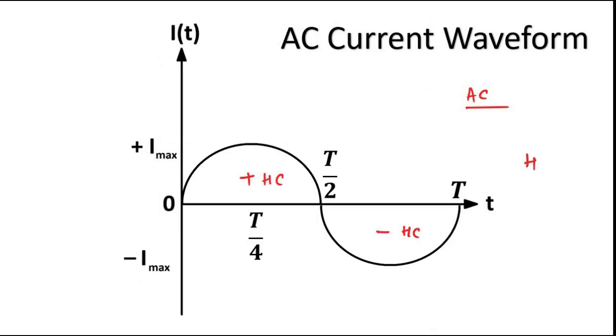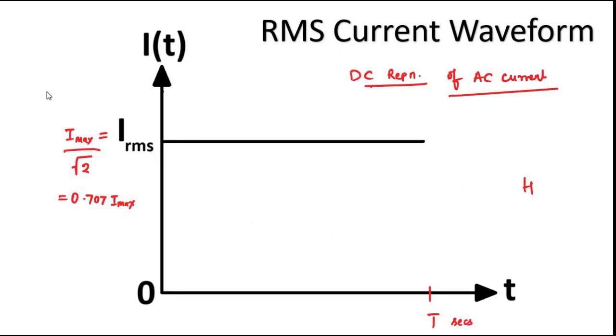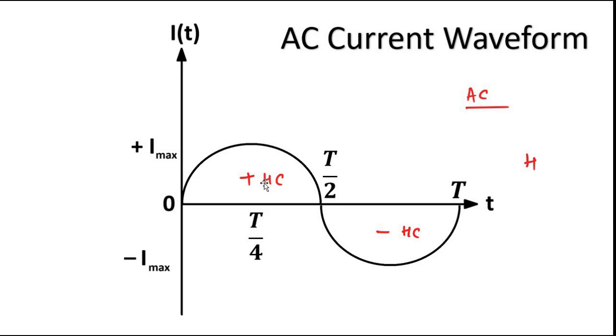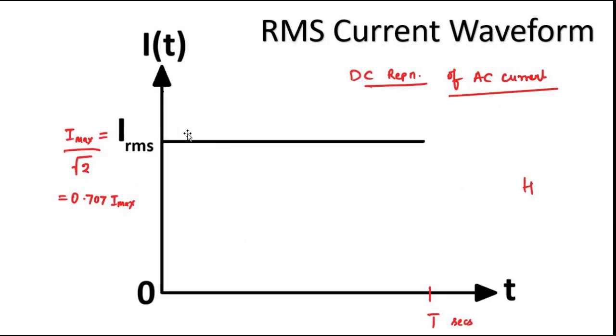This is just the DC representation of this AC signal, and this is the AC representation of this DC signal. They are equivalent. So the essence of mean value and RMS value calculations is to represent an equivalent DC representation of the AC signal. But in mean value, we only take half the time period, one half cycle.